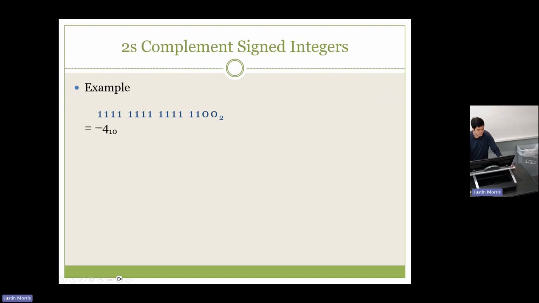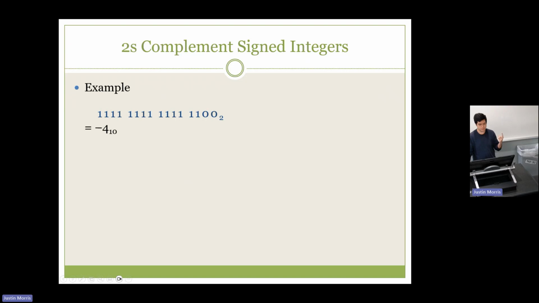So here's an example. Most significant bit is 1, right? So we know it's negative immediately. And then in order to figure out that it's -4, there are 2 things that we do to this number. What's the first thing?